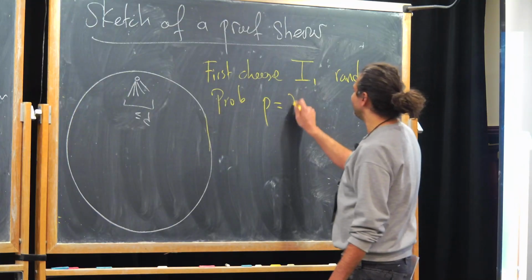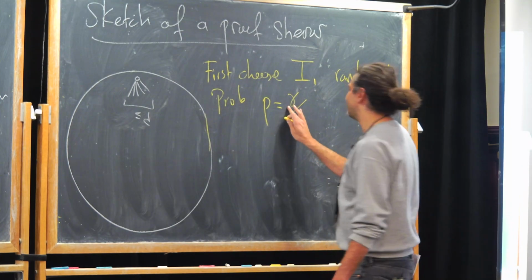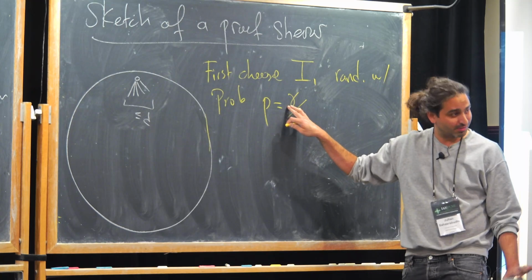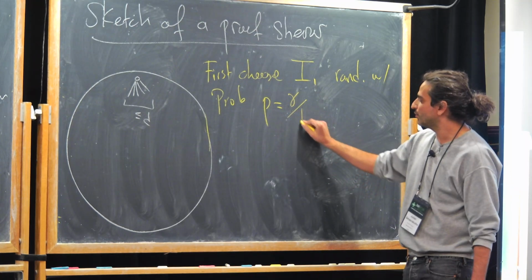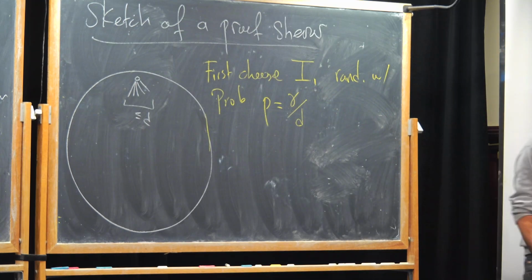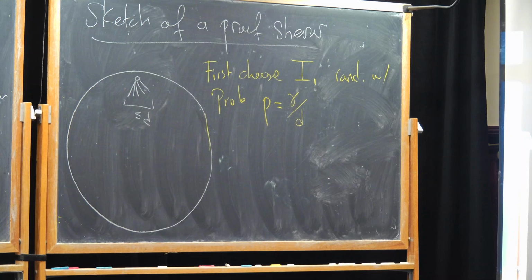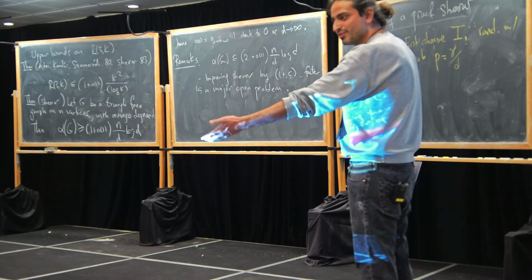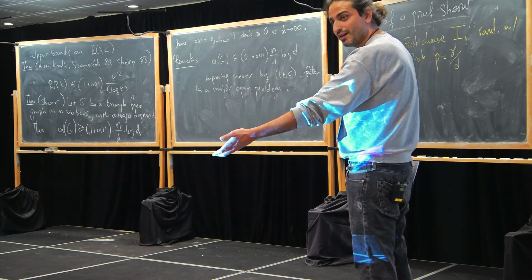So if P is gamma over D, where gamma will just be some small constant for us, I claim that I is going to be very close to an independent set. Why? I'm a vertex, I have D neighbors, each one of those is included with probability much smaller than 1 over D. So the expected number of my neighbors that are in is less than 1.